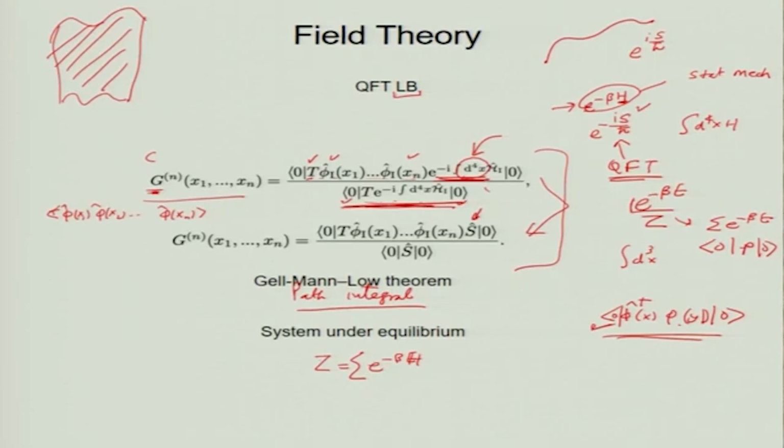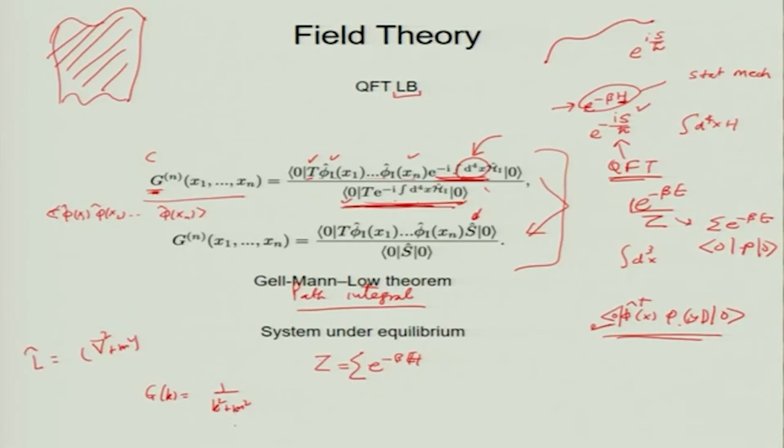I will show that G of k is 1 over k squared plus m squared for the field we are considering, the Klein-Gordon equation without the time part. This is the Green's function for that, right. I mean, we discussed that, Laplacian plus m squared, this is my operator.